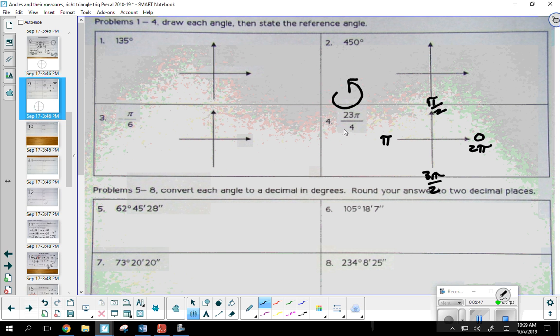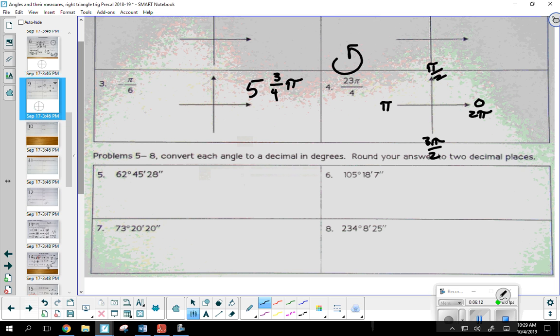Okay, what did we do the other day when it's an improper fraction? I changed it to a mixed number. What is 23/4? It goes in there 5 with a remainder of 3 over divisor 4. So we're really looking for 5 3/4 pi. Now remember, half a revolution is pi.